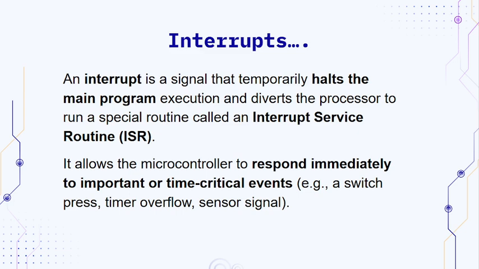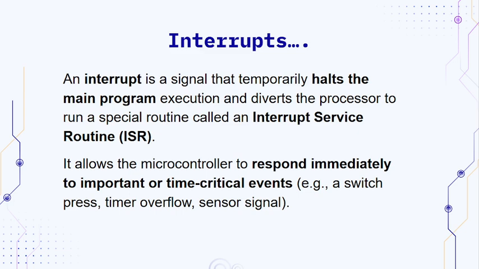Let me give an example. Suppose you have a fridge, and the purpose of the fridge is to cool something, but suddenly a short circuit happens in the circuit of the fridge.